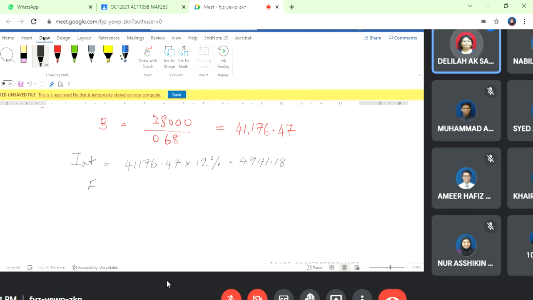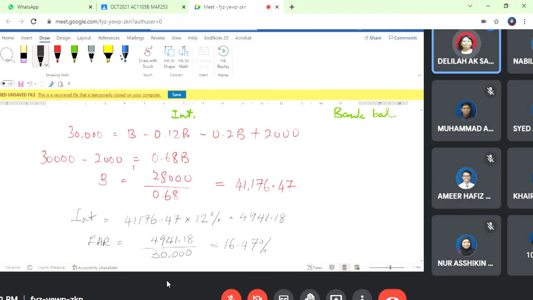So from there, the effective annual rate will be the interest 4,941.18 divided by the amount received, 30,000. Okay, be careful not to use this figure by mistake. We want the amount received, not the amount borrowed. That is 16.47%.